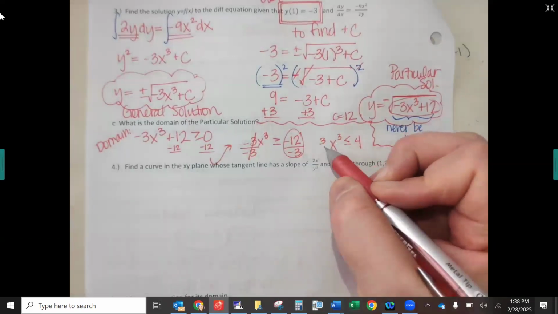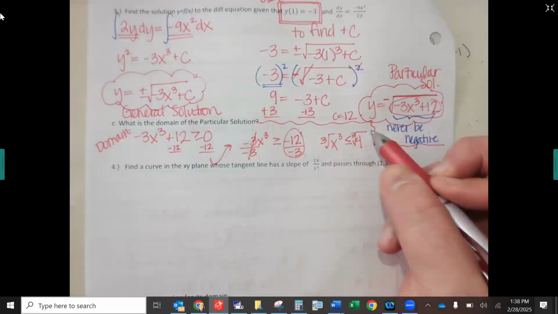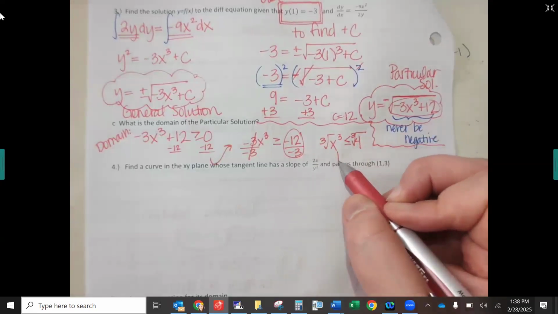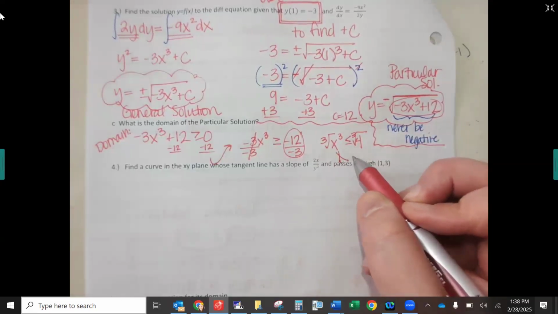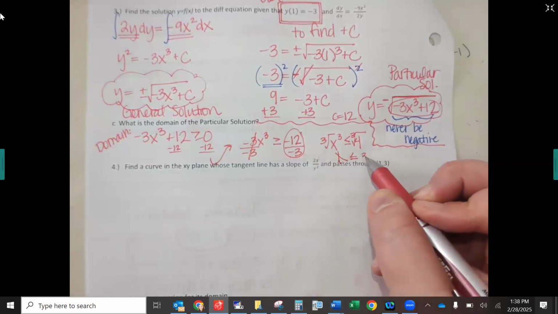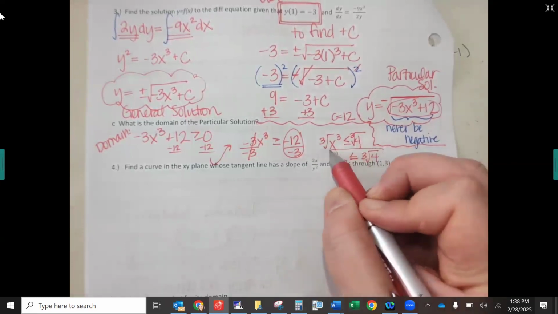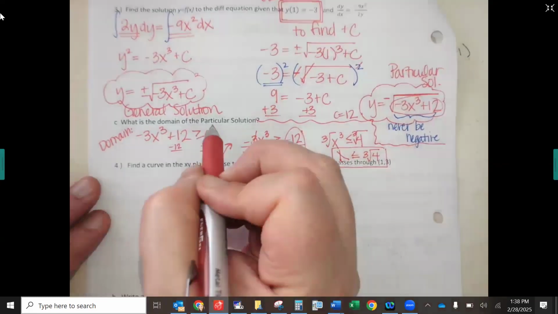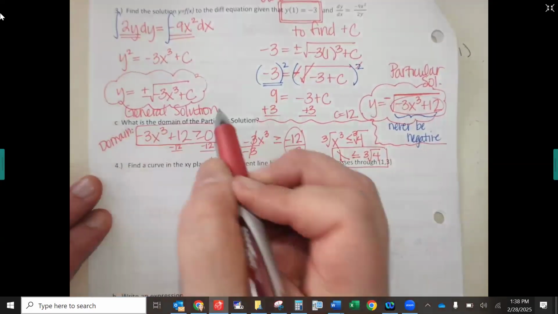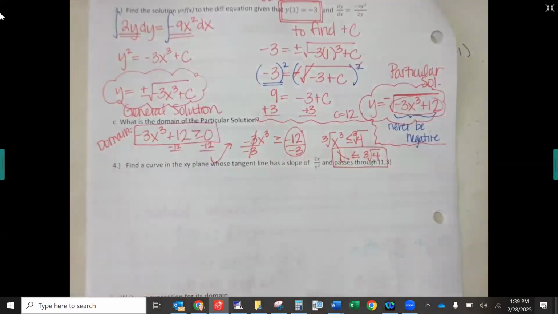Now, I can't easily cubic root 4, so I would just leave it like this: my domain is going to be x less than or equal to the cubic root of 4. Both of these are correct for domain, but if it's multiple choice, you'd have to know how to get from here to here. Does that make sense?